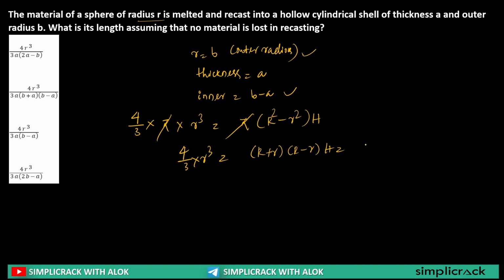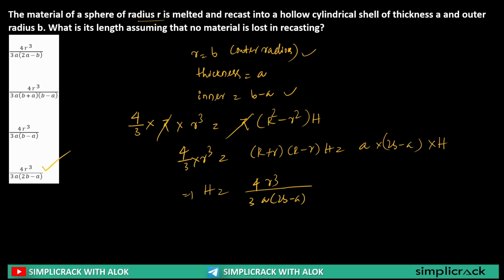So a into (2b minus a) into h, we do not know the height, is equal to 4 by 3 r cube. So h is equal to 4 r cube divided by 3a(2b minus a). So this is the answer.